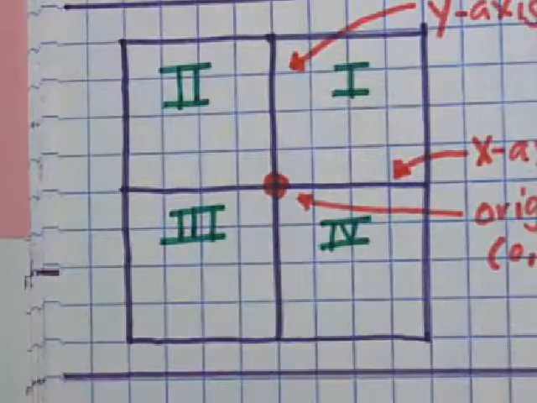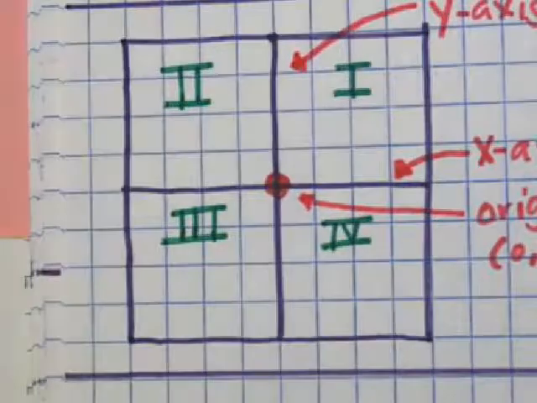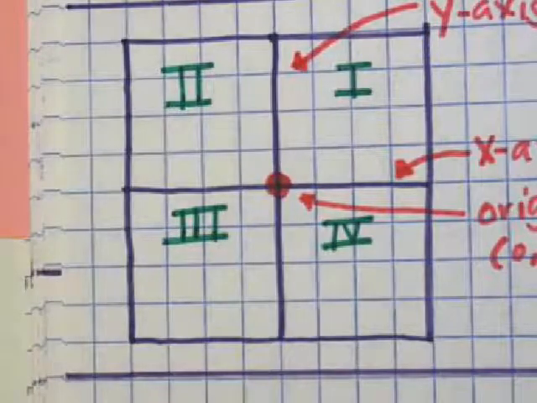Underneath the quadrants, we're going to write the signs that the ordered pair would have in that quadrant.